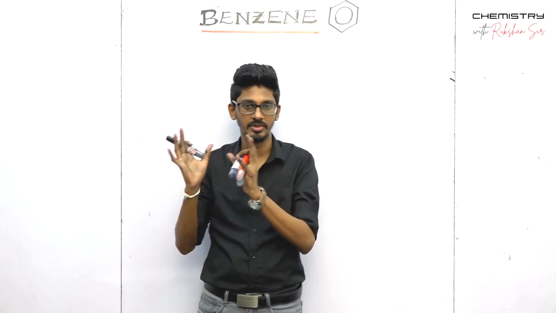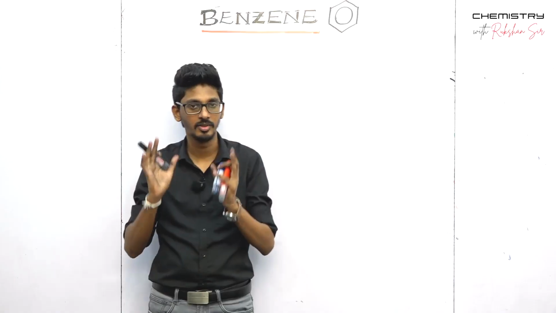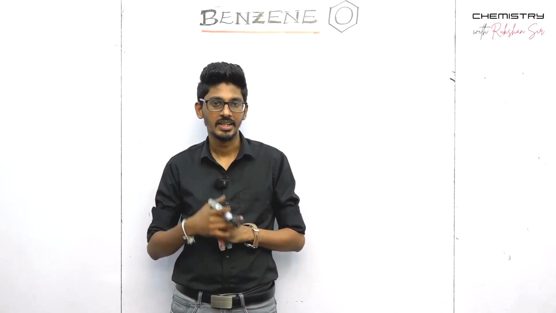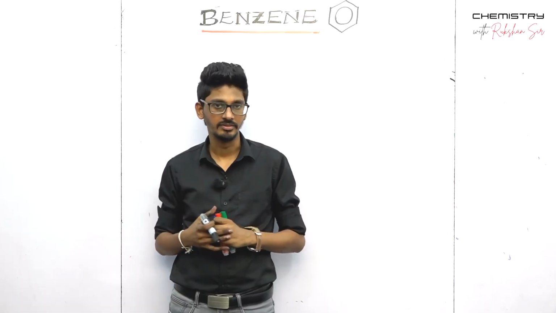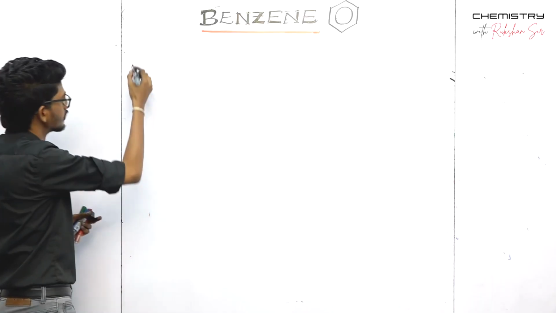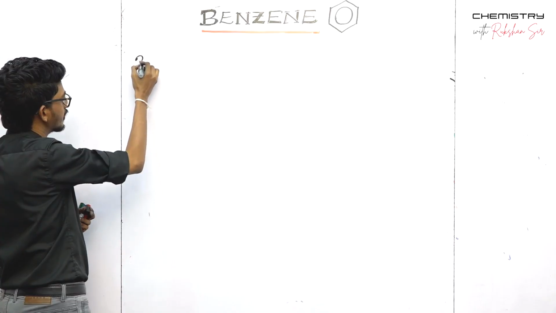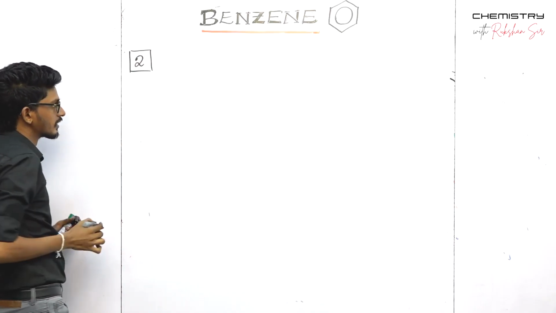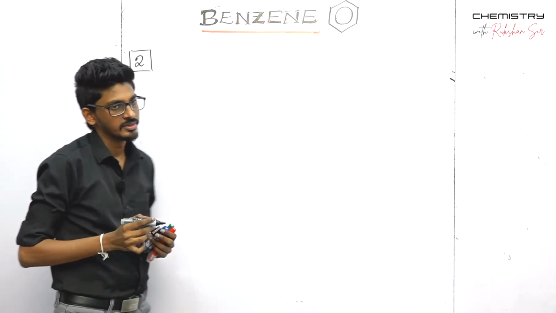The characteristic reaction type is electrophilic substitution, which we discussed. Now we will move to the other kinds of reactions possible with the ring. So number two. Earlier, number one was electrophilic substitutions. Number two, the second kind of reactions with the benzene ring.